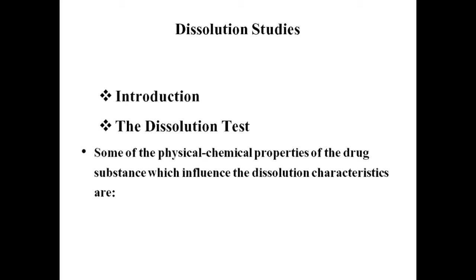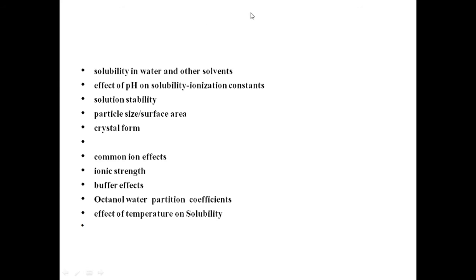Some of the physical chemical properties of the drug substance which influence the dissolution characteristics are solubility in water and other solvents, effect of pH on solubility, ionization constants, solution stability, particle size, surface area, crystal forms, common ion effects, ionic strength, buffer effects, octanol water partition coefficient, and effect of temperature on solubility.